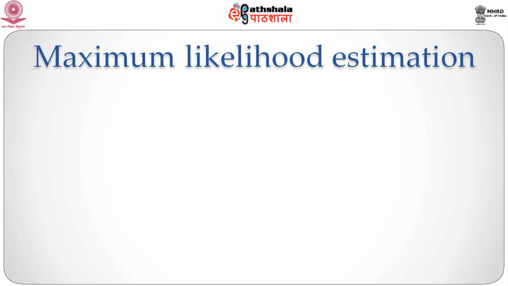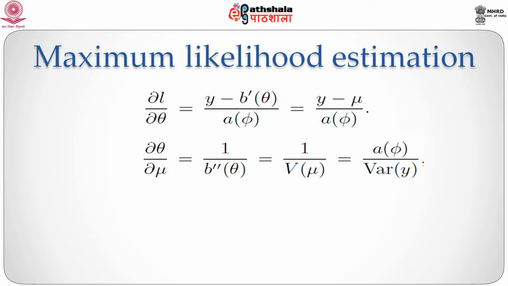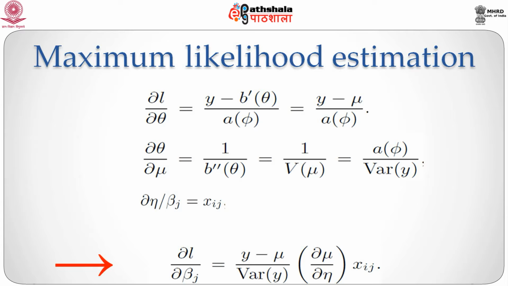The components of this are given by del L del theta equal to (y minus b dash theta) over a phi equal to (y minus mu) over a phi, using the fact that for one parameter exponential families, mu is equal to b dash theta.